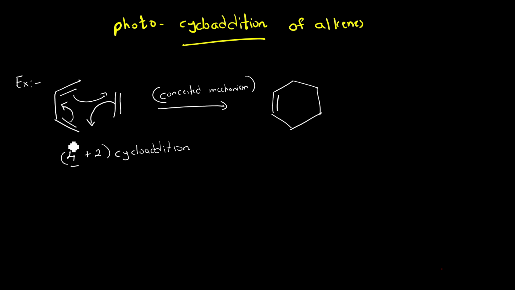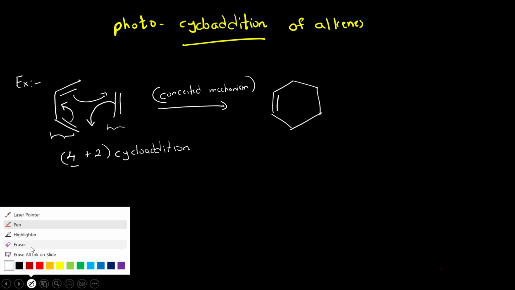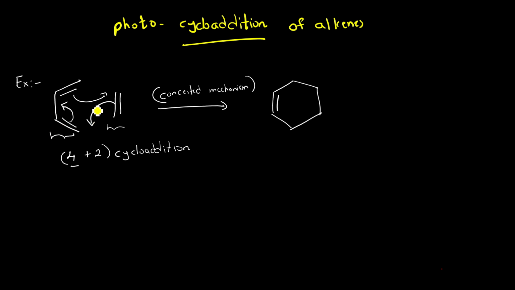So this 4 represents the one part and the 2 represents the other part. In this case you can see this part over here has 2 pi bonds, which means 4 pi electrons. Now this one has only 1 pi bond, which means there are only 2 pi electrons.